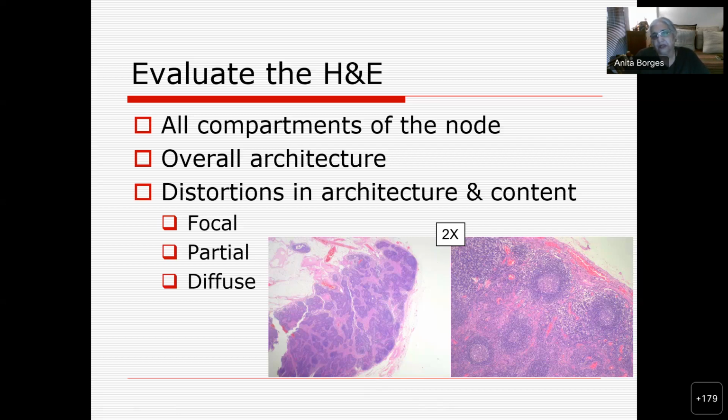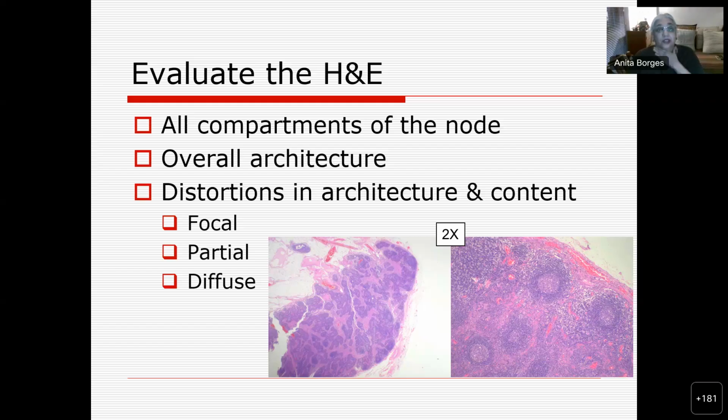But I don't think anybody can guarantee that all your lymph node sections will be so well oriented that you will get the capsule, the cortex, and the paracortex as you imagine them to be, and that there will be a medulla placed like it is in the kidney.